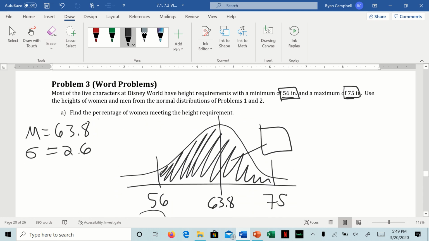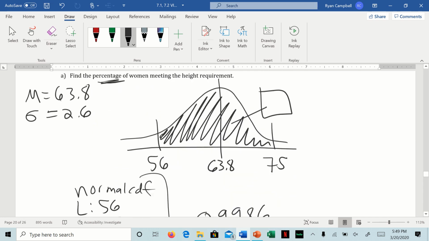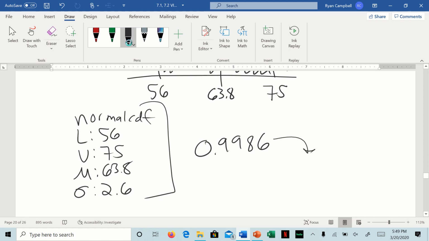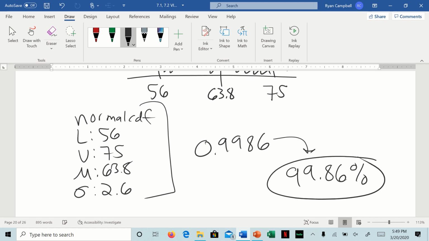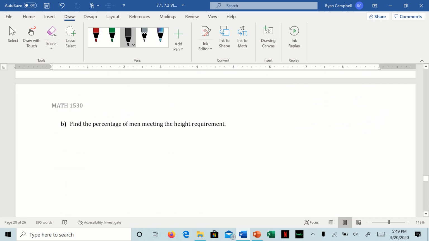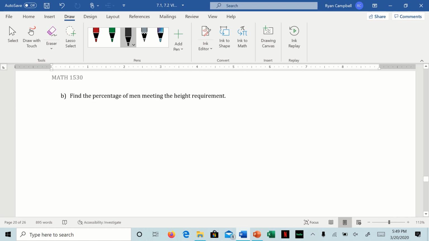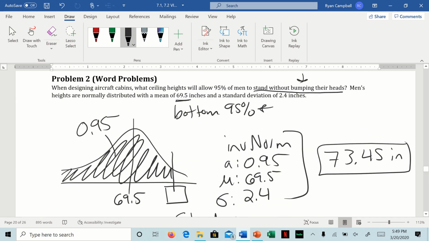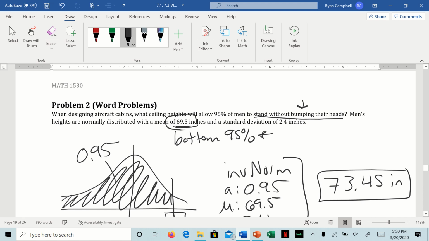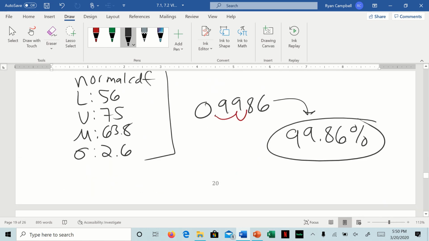So it said percentage of women, so we just changed that to a percentage. Should be 99.86%, right? 2 decimals over. Cool, cool. Now find the percentage of men meeting the height requirement. So going back to example number 2, men have a mean of 69.5, standard deviation of 2.4.